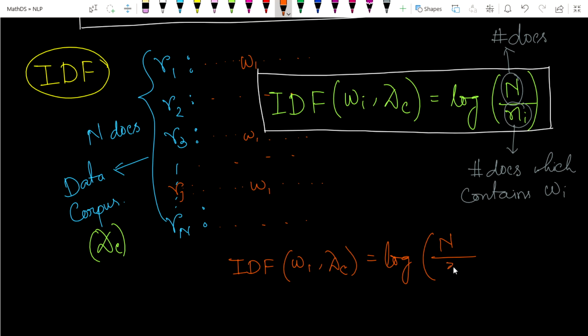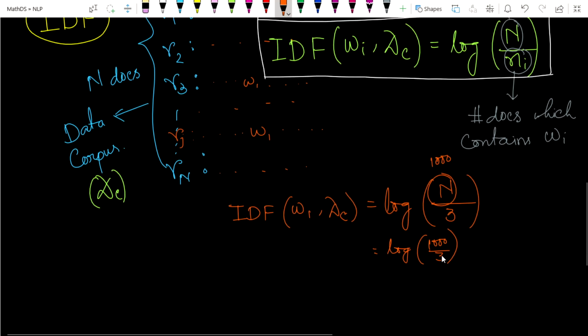Only 3 times. So if N is equal to 10,000, then this value will be log of 10,000 by 3. Okay, this must be greater than 1. So this formula has a beautiful property.